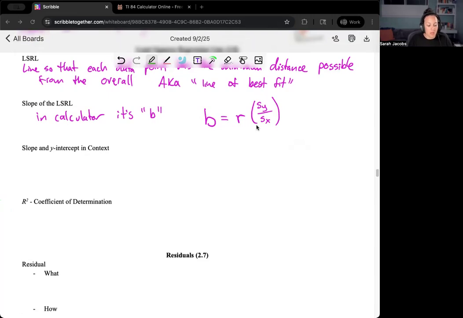Anyway, the slope and y-intercept in context. So for the slope, I want you to use this sentence stem. Exactly this sentence stem. Don't get fancy. For each additional, and then insert your x variable unit.